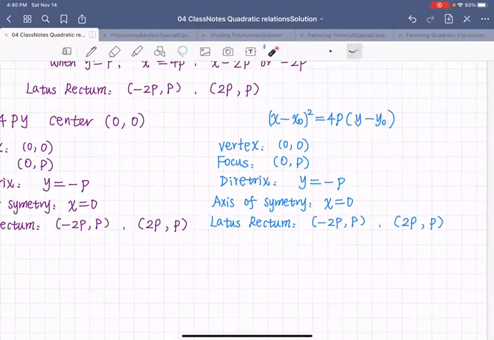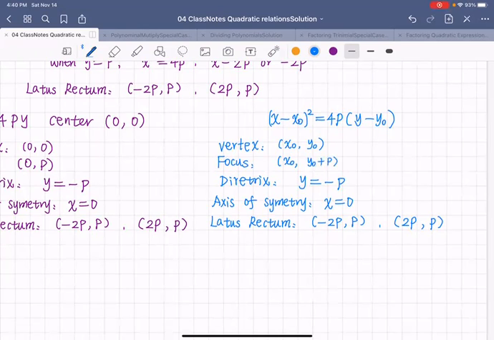For this one on the right, the vertex is not 0, 0 anymore. It is x0, y0. The focus and each point is going to shift by the same amount as your vertex. Your old one is 0, p. Your new one is x0 plus 0, which is x0, and then y0 plus p.